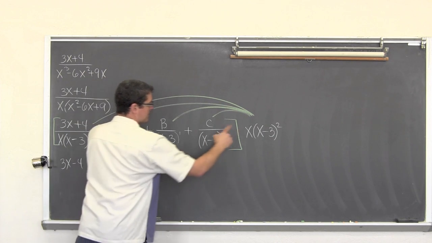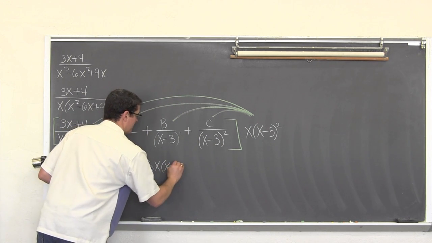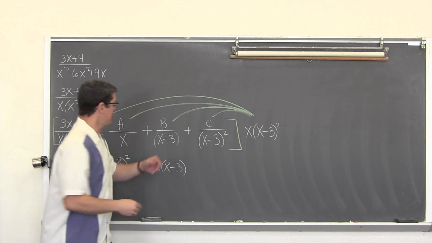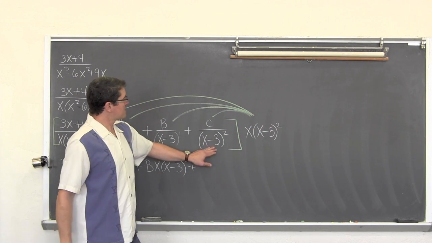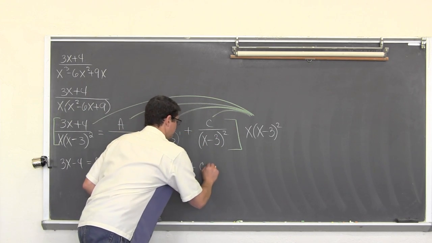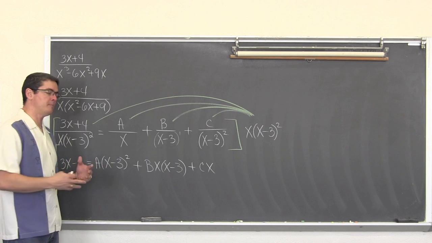This is going to cancel out with one of these, so we're going to be left with x times x minus 3, because one of those is canceling with one of these two. And then finally for the last term, x minus 3 squared over x minus 3 squared, that's just going to leave us with the x.